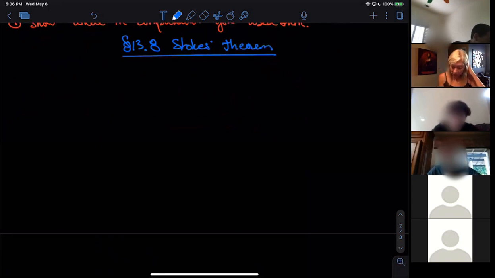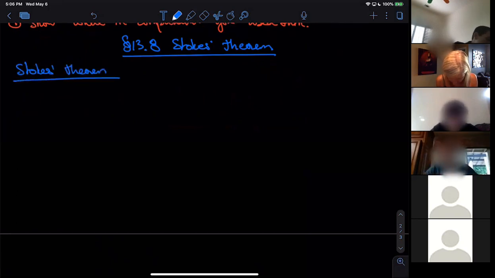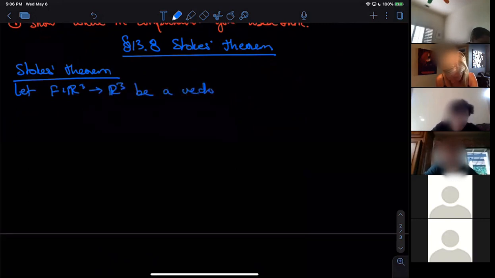Okay, here's what Stokes' theorem says. Let F be a vector field from R3 to R3, and let D be a surface.